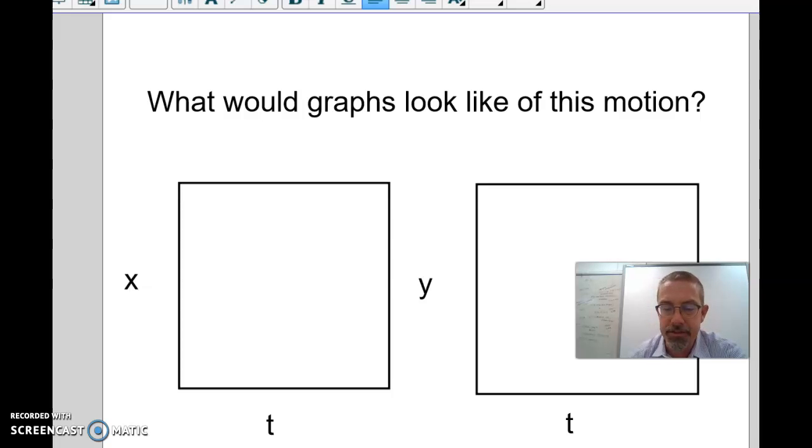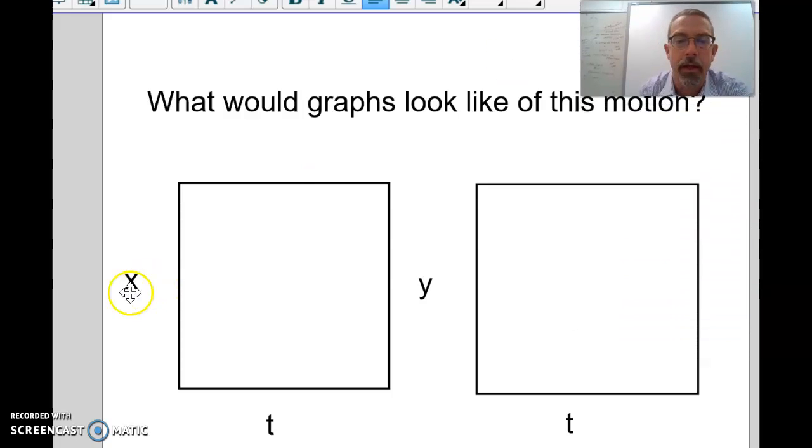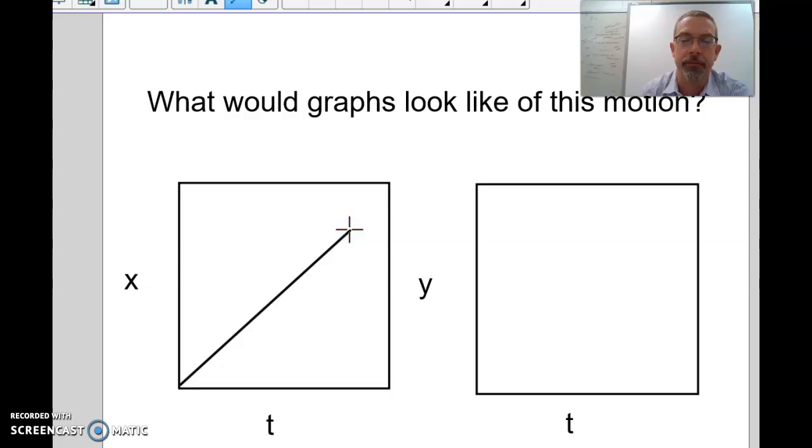So how would graphs of this motion look? Okay, let's move me up to here. My x component of velocity over time is going to be pretty straightforward. It is a consistent velocity, so my graph of that would look something like this.